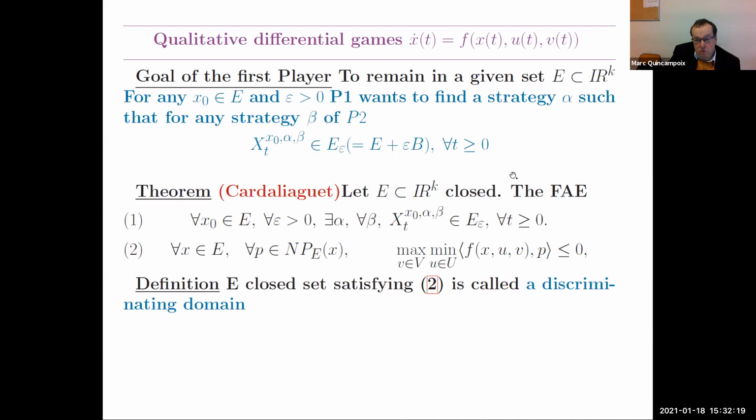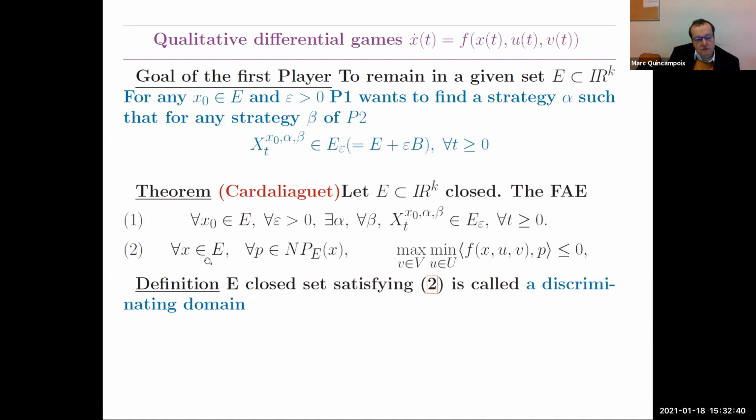And there is a theorem of Cardaliaguet, which is in fact an extension of viability theory, saying that this property is equivalent to a geometrical condition. This is the following theorem.